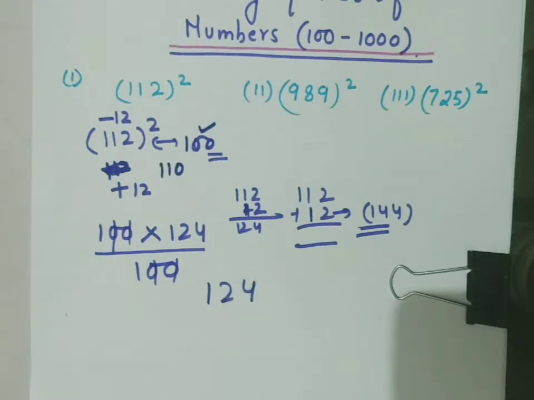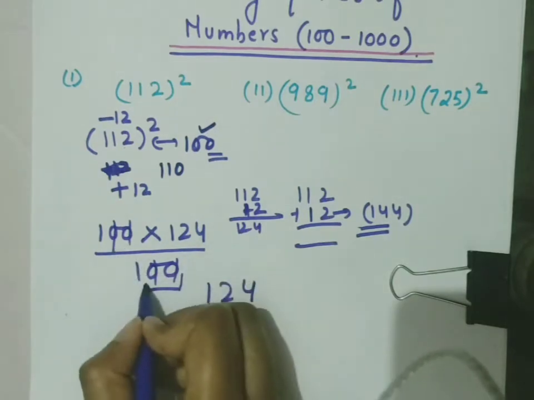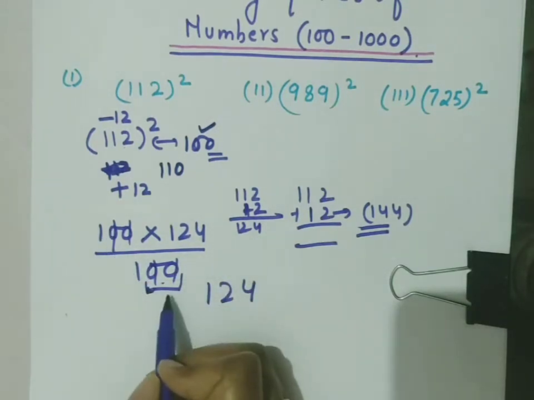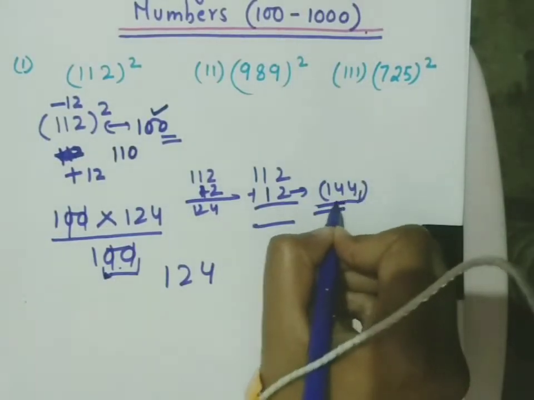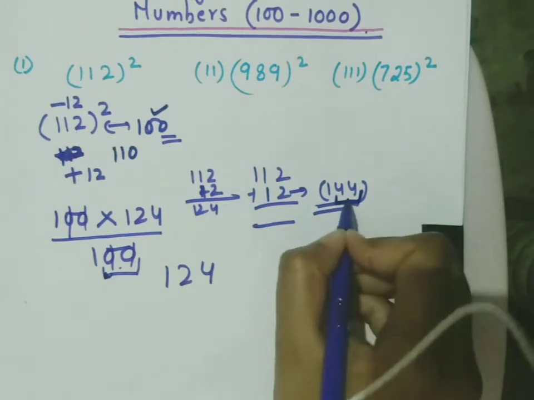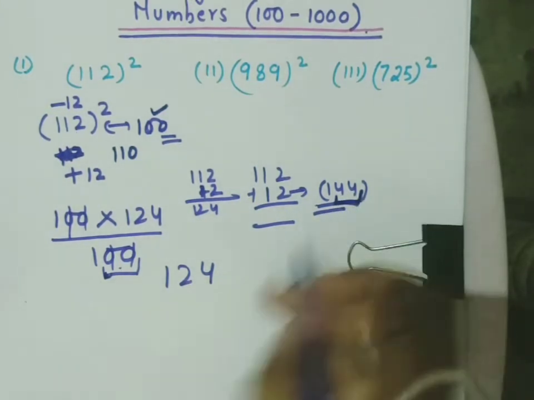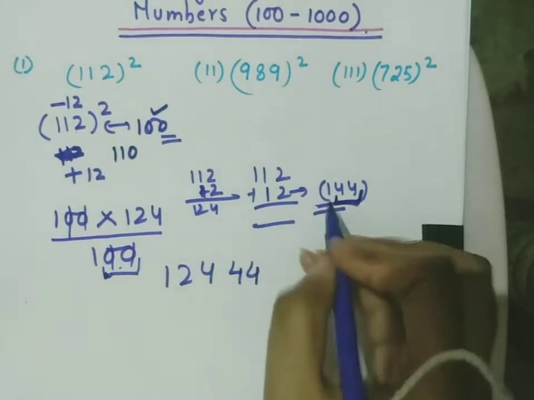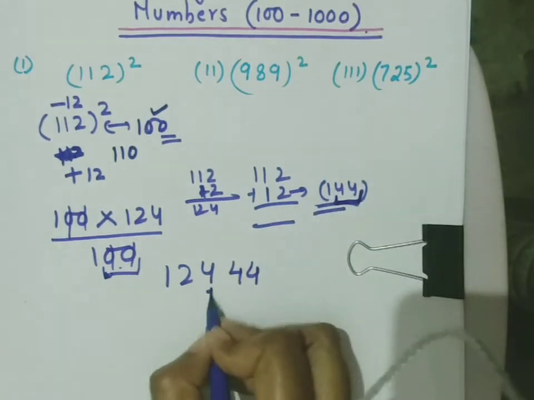Now the last step: you have divided the number with two zeros, so you will take two values from the square of the number, that is 44. You will write those two values here, and the number which is left from 144, that is 1, you will add here.